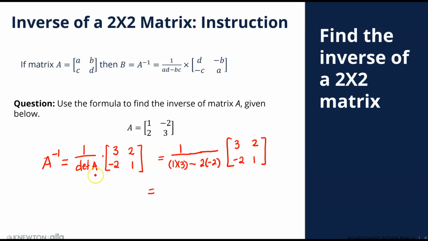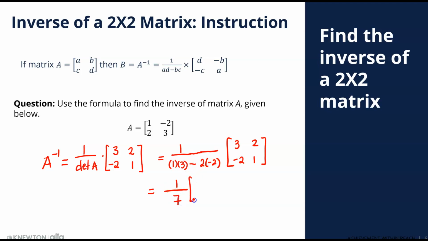Now the determinant of A, so we have 1 times 3, which is 3, minus 2 times negative 2. So this becomes negative 4, and there's a minus here, that becomes positive 4. So that is 3 plus 4. So 1 over 3 plus 4 is 7.